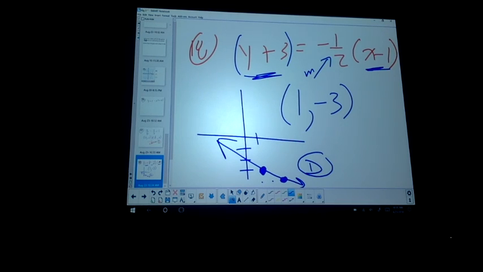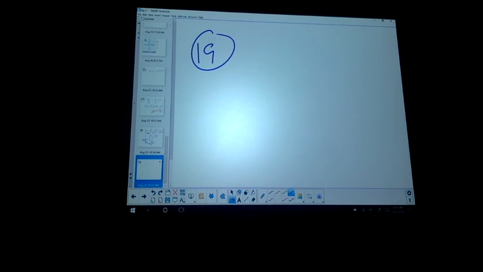Other question? 19. Did it go off your graph paper? Y plus 5. Again, it's in point slope, so I'm going to have negative 5, negative 5.